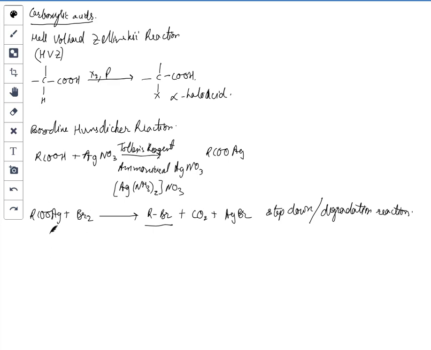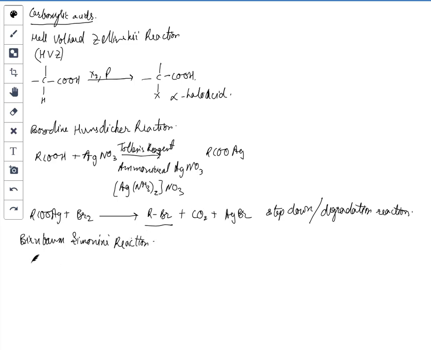That's what we talk about, the Borodin-Hunsdiecker reaction. Now then we have a reaction, an offshoot of this reaction. This is called the Birnbaum-Simonini reaction. Offshoot means that the reaction goes in the same manner, but it gives a different product. Or you may say a little bit of extension.